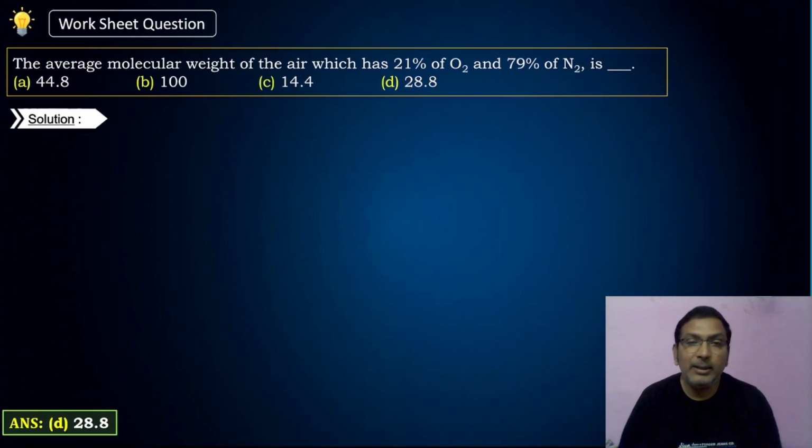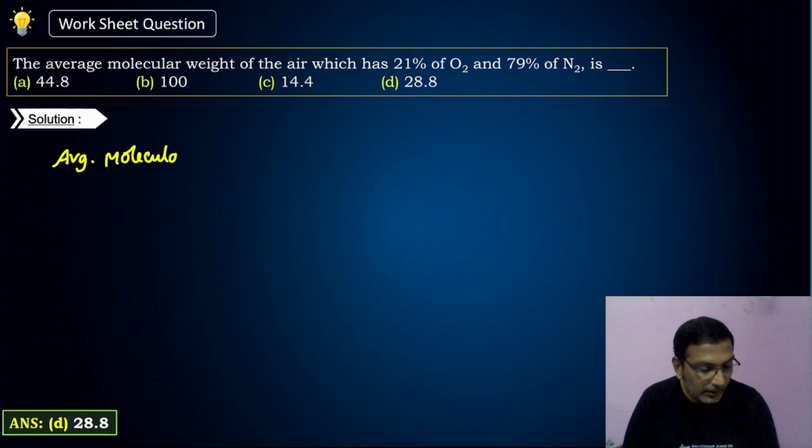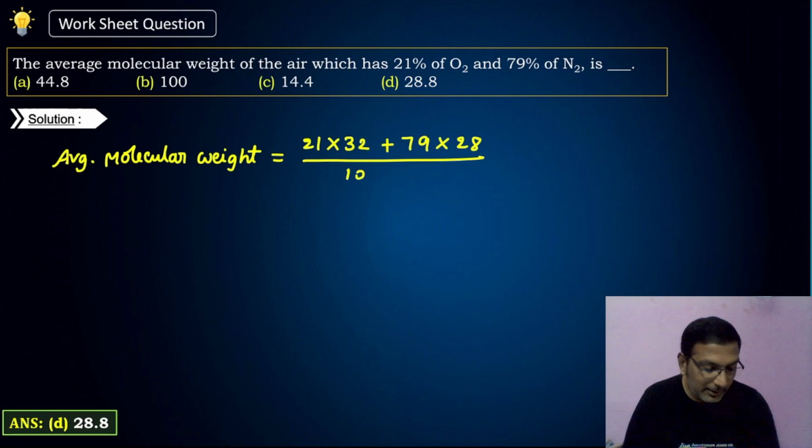The average molecular weight of air which contains 21% of O2 and 79% of N2 is. So average molecular weight equal to percentage of oxygen, 21, into its molecular weight, which is 32, plus percentage of nitrogen into its molecular weight, by total 100.